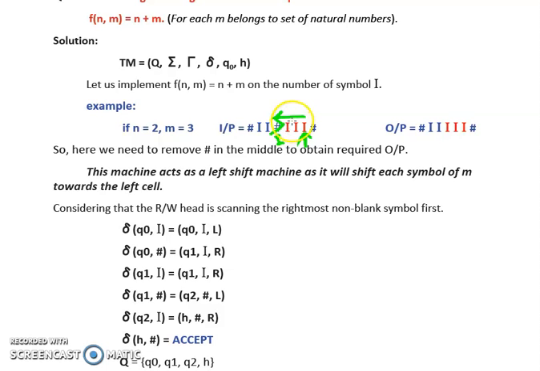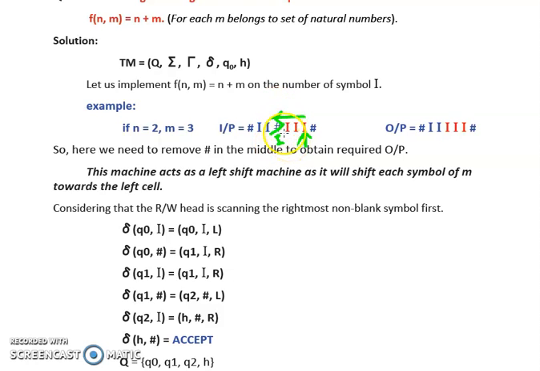Why are we changing the state? Because hash has to be treated in a different manner with respect to I. Hash has to be replaced by an I. Now we have replaced the value hash by an I.